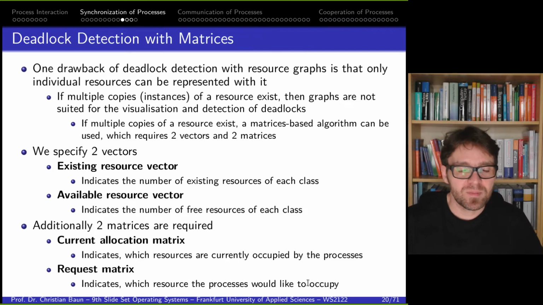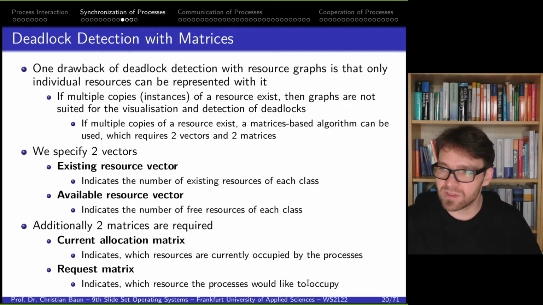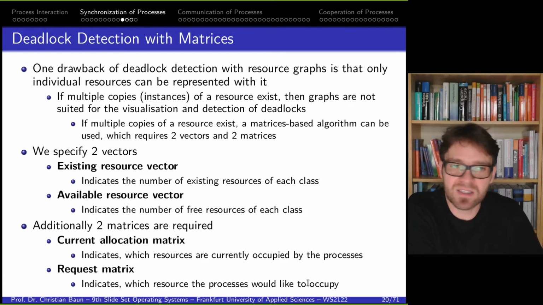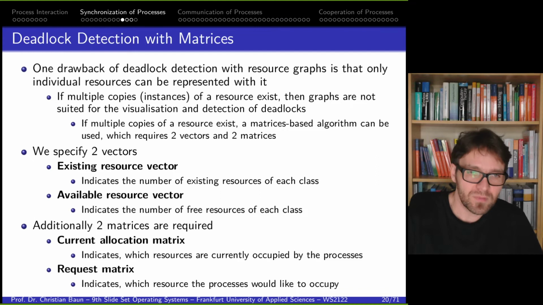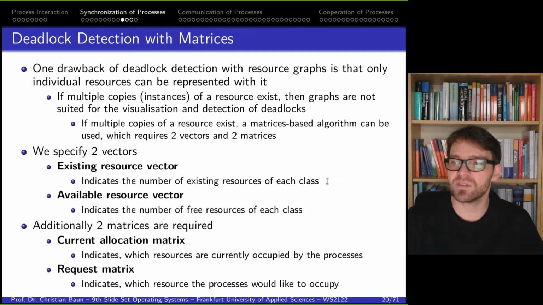This matrix based approach uses two vectors and two matrices actually, and the two vectors are the existing resource vector and the available resource vector. The first one, the existing resource vector, will tell us how many resources we actually have per resource class, how many resources exist.